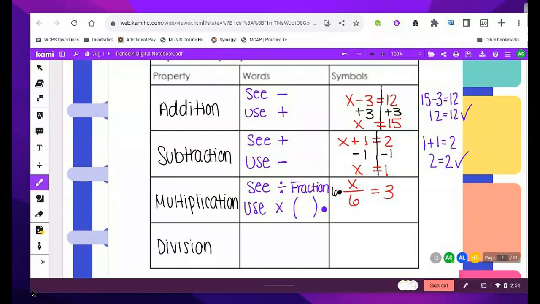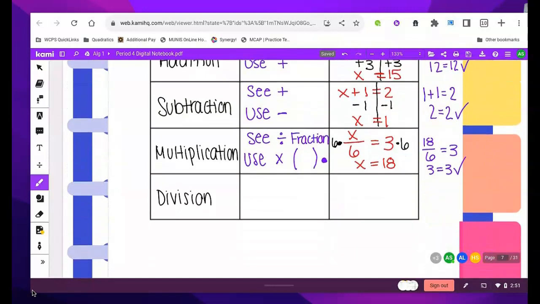So I'm going to multiply by that number that's on the bottom of the fraction, and I get the solution. x is equal to 3 times 6, which is 18. And I can substitute that back into my original equation. 18 divided by 6 equals 3. Well, 18 divided by 6 is 3, and 3 does equal 3, so I know I did that correctly.